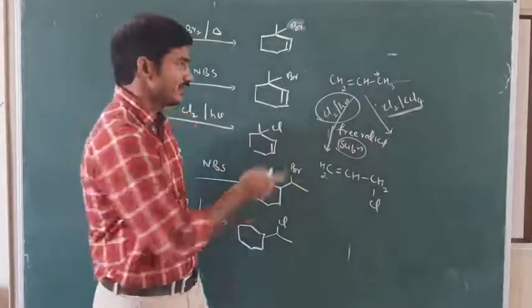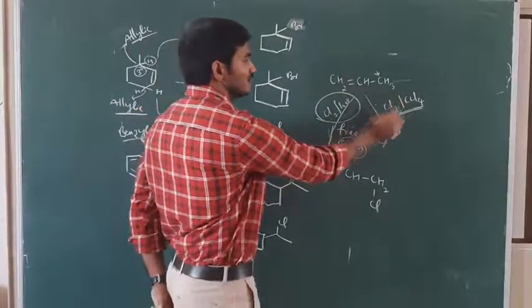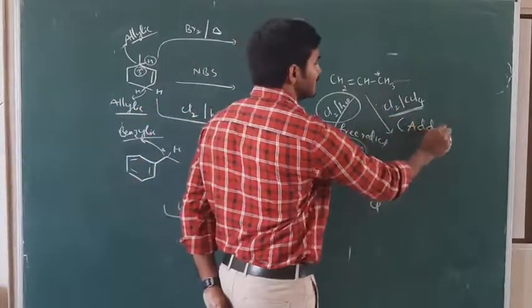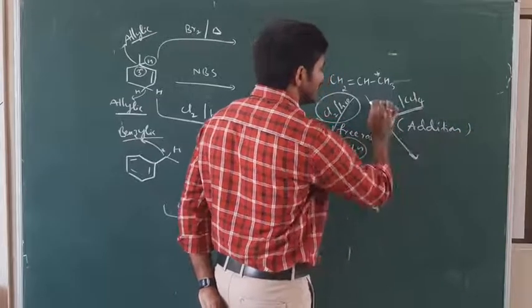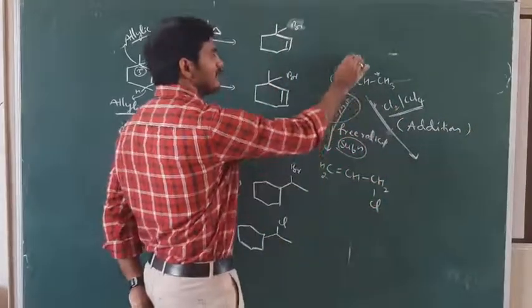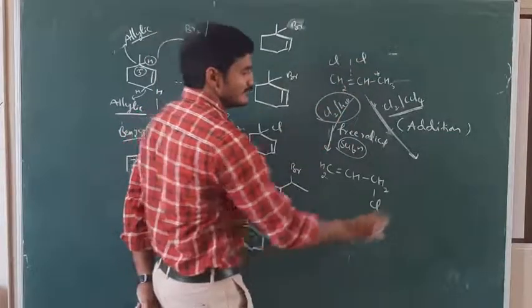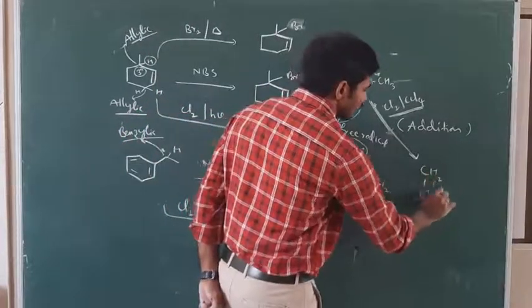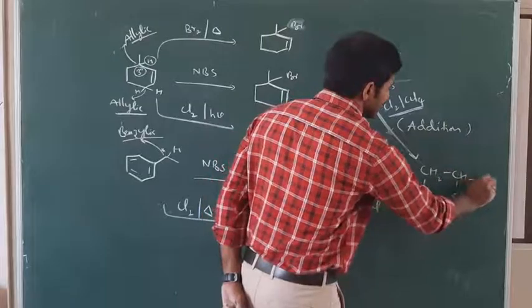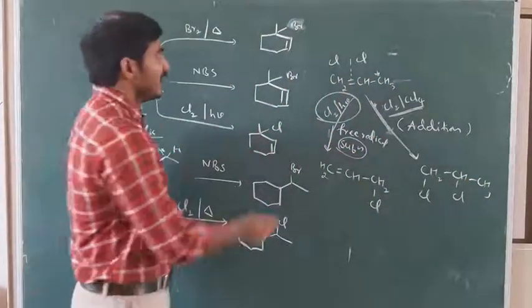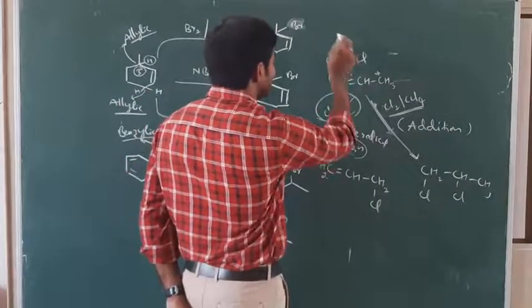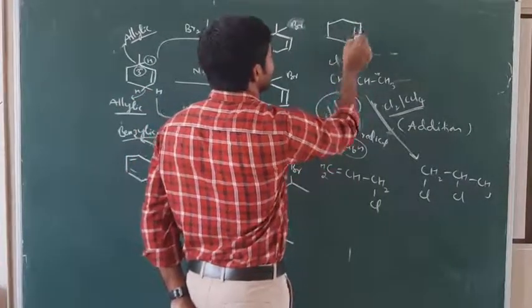Here we don't have that kind of condition, so this molecule undergoes addition across the double bond. You have to break the double bond and add chlorine. So the product is CH2Cl, CHCl, CH3. Understood?